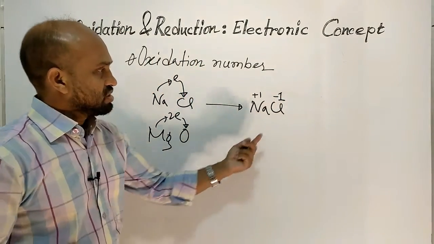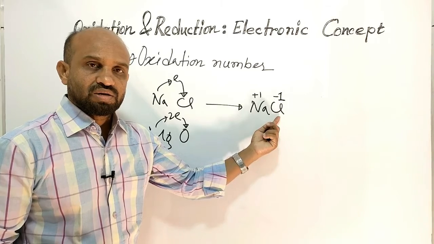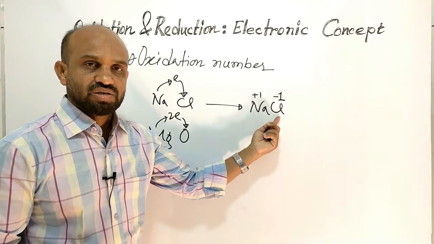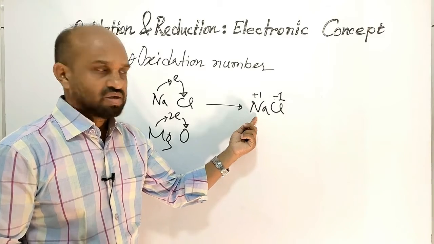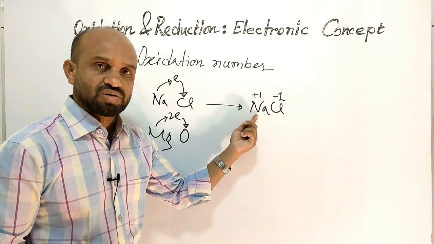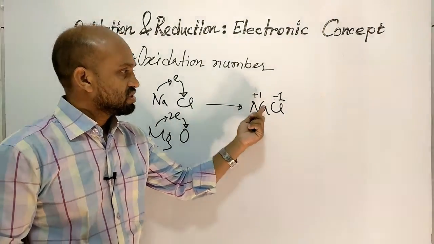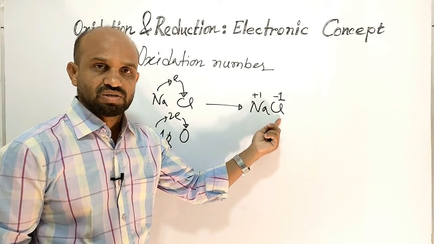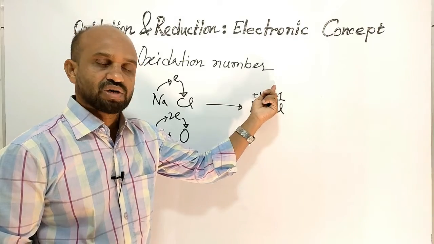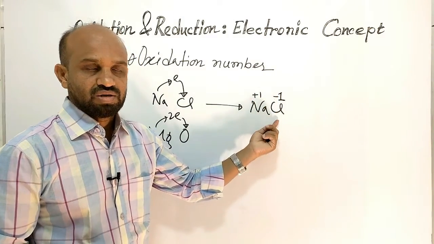That is why chlorine got negatively charged and sodium got positively charged. Sodium donated 1 electron, that is why +1. Chlorine accepted that 1 electron, that is why at the top of the chlorine -1.